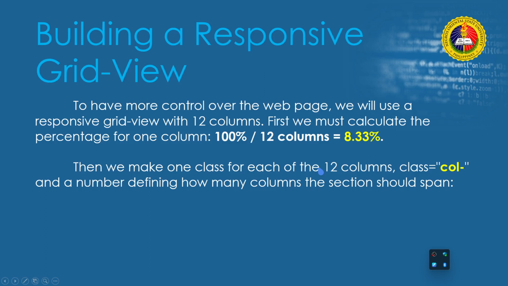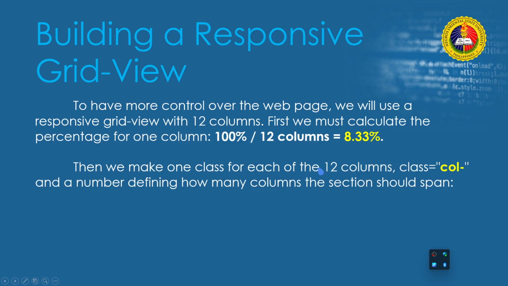So first, all of these columns should be floated to the left and have a padding of 15%. This is just an example. So let's try to do that. We're going to create divisions, and let's call them column 1 up to column 12, and then we're going to set the size. For the first column, it's going to be 8.33.